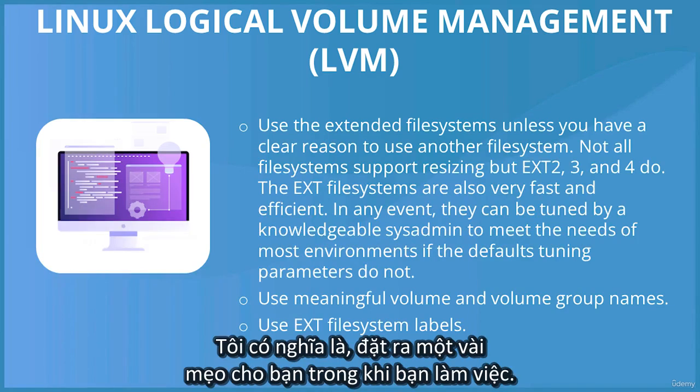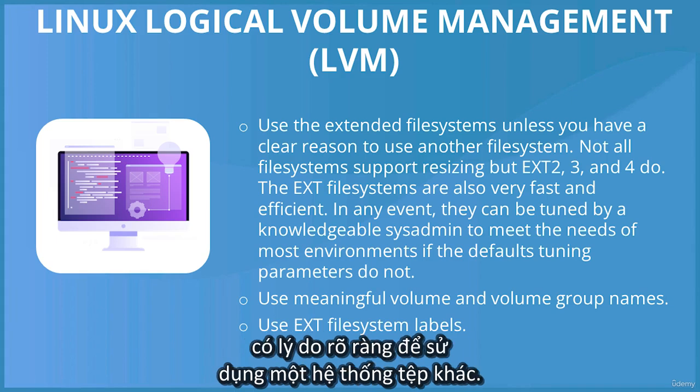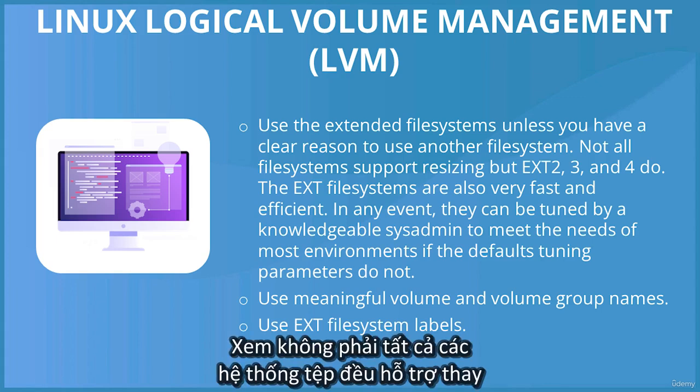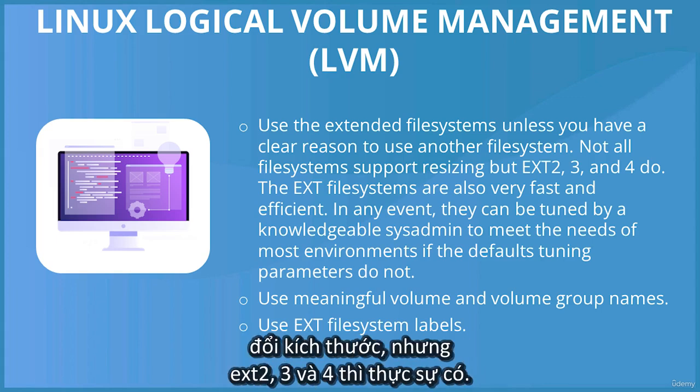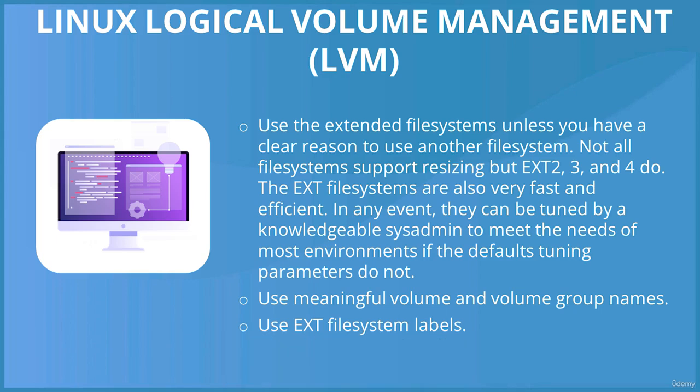Let me lay down a few tips, though, for you while you're working through. So you use the extended file system unless you have a clear reason to use another file system. See, not all file systems support resizing, but ext2, 3, and 4 actually do. The ext file systems are also very fast and efficient.